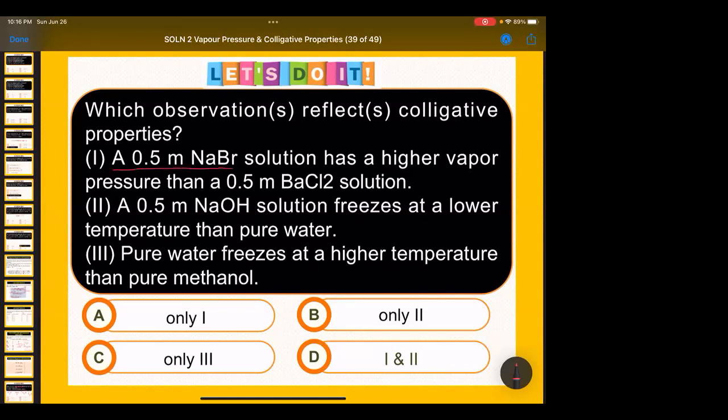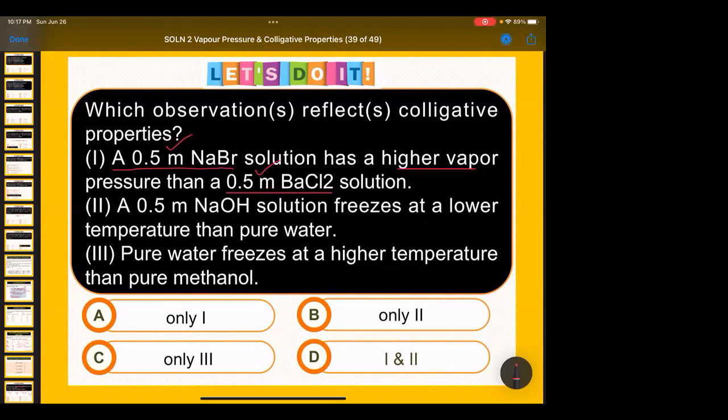Okay, so 0.5 molar NaBr has higher vapor pressure, and 0.5 molar barium chloride has lower vapor pressure. Yeah, that's true, because barium chloride is going to dissociate more. Though the number of formula units which you took are the same, barium chloride is going to give you 3 ions, and those ions are going to cover up the surface of the solvent and hinder the release of solvent molecules.